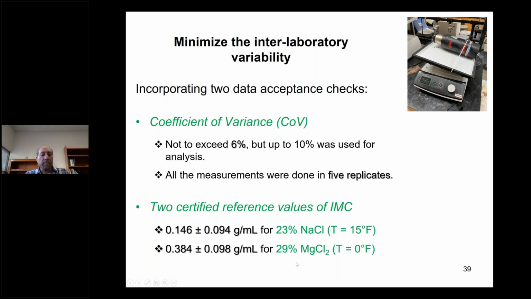And we used a standard value for 29% magnesium chloride solution at a testing temperature of 0 Fahrenheit, which is 0.384 ± 0.098 gram per milliliter.